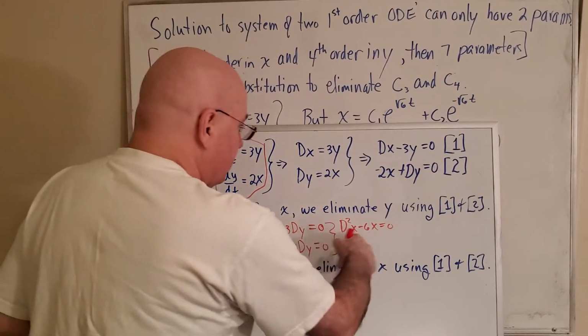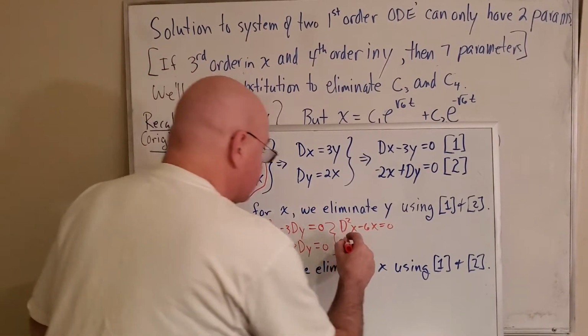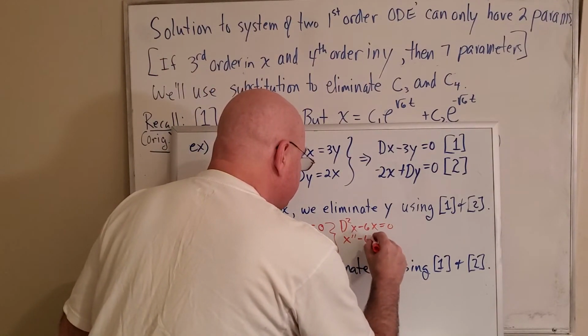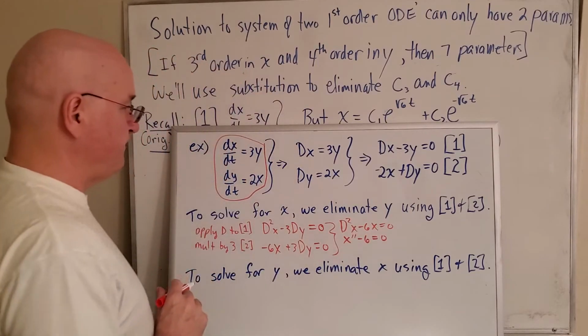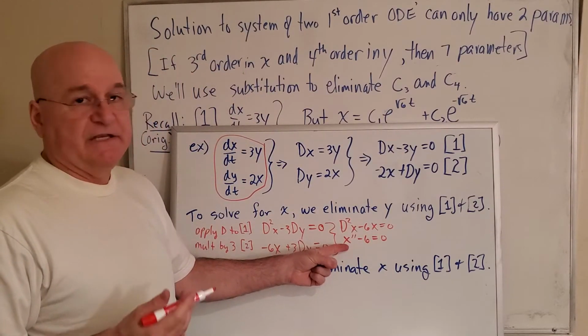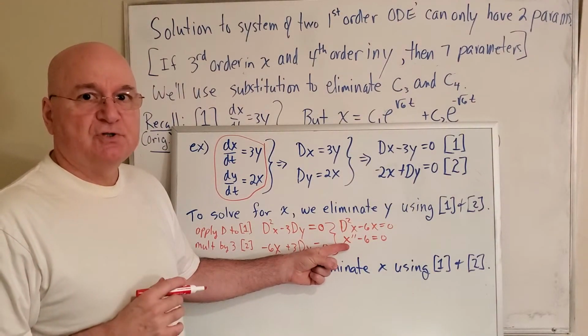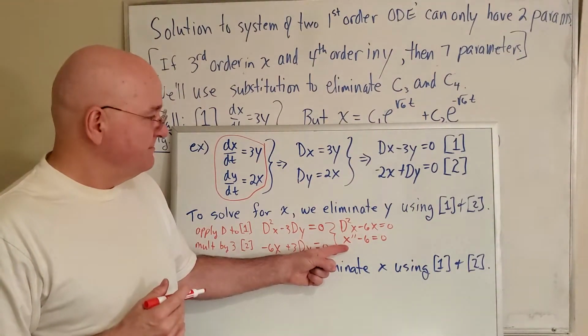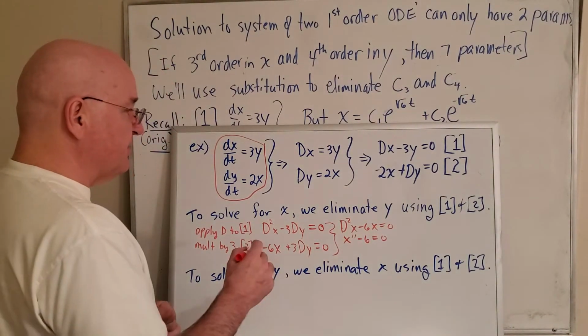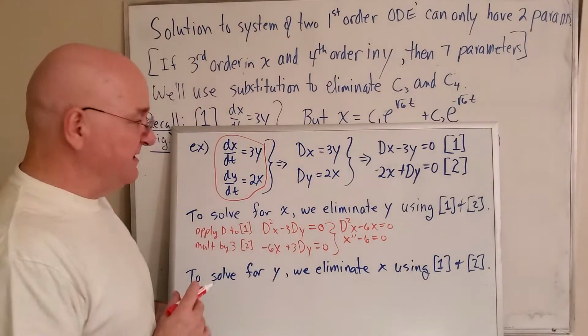So this, we know how to solve. This is what? x double prime minus 6x equals 0. This is a second order linear ordinary differential equation with constant coefficients, and it's homogeneous. It's simple to solve. We'll use the characteristic equation. Sorry, I'm having to write really small here.